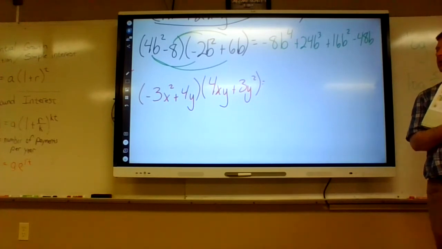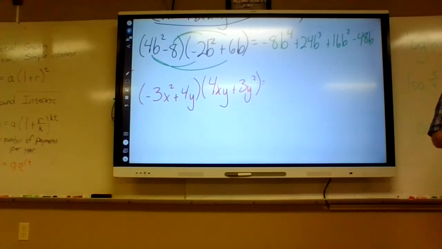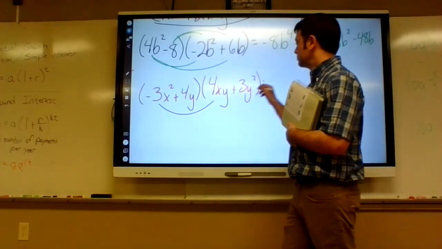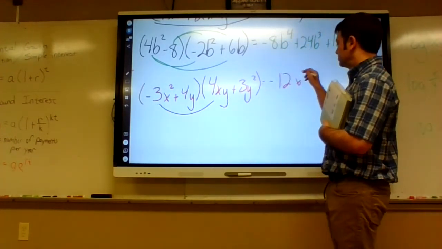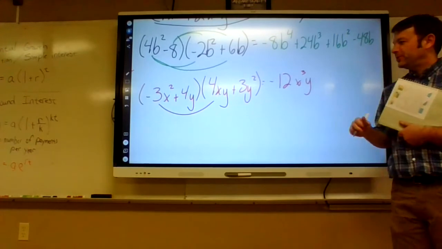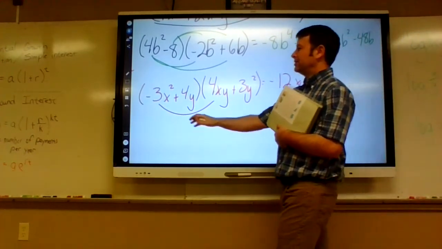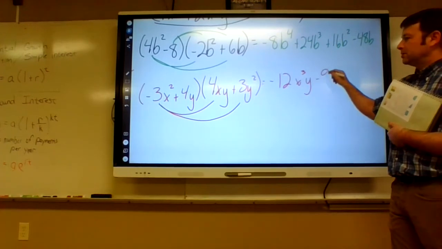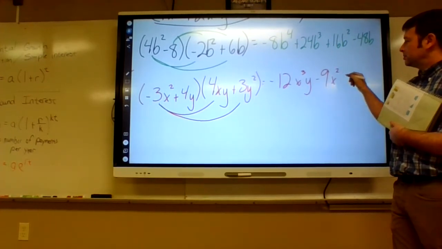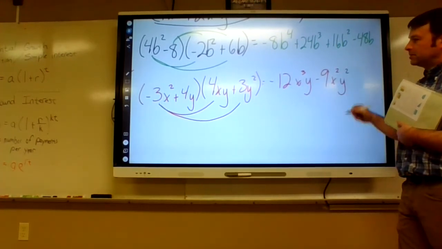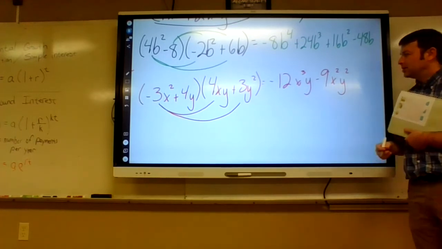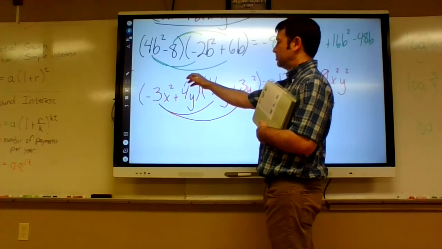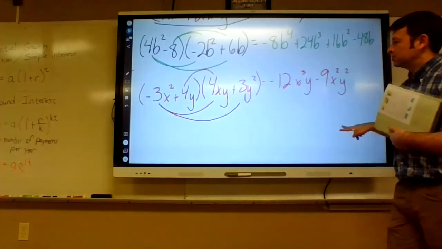Olivia, what should we do first? Negative 12 x 3 y. Okay, Willow. Negative 9x to the second y to the second. 27, last one. And then Olivia. 16.